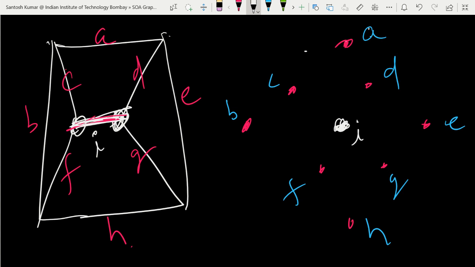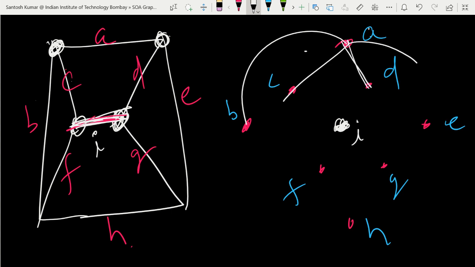Now just check. A shares a vertex with B, C here, and here with D, E. So B, C, D, and E. Look at B now.